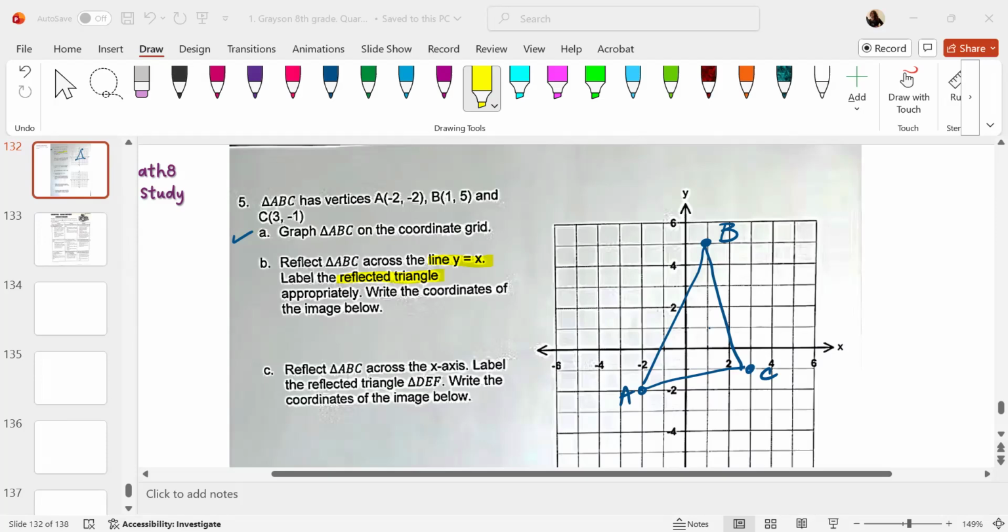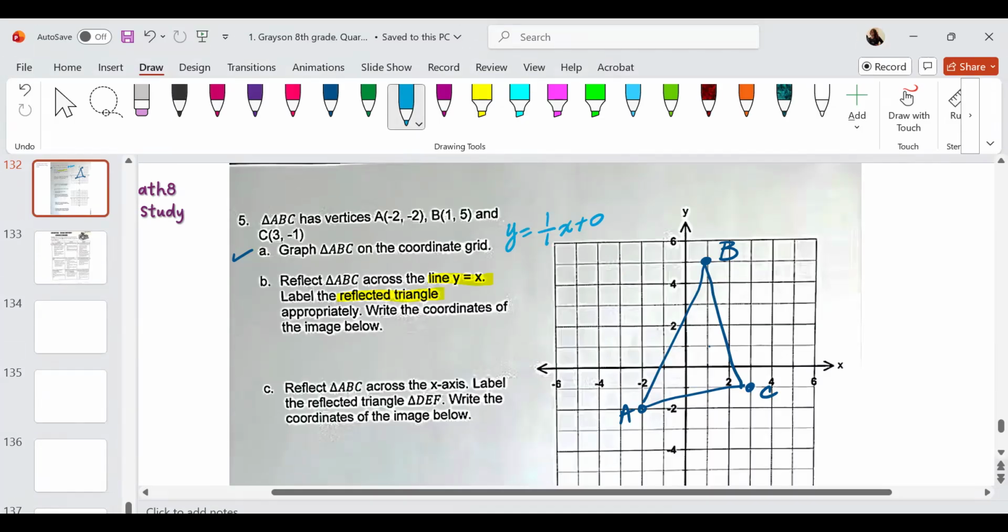Well, if you think about it, y equals x is going to be y equals 1 over 1x plus 0, correct? So when you graph this, describe how you will graph it. Tell me how you will graph that.